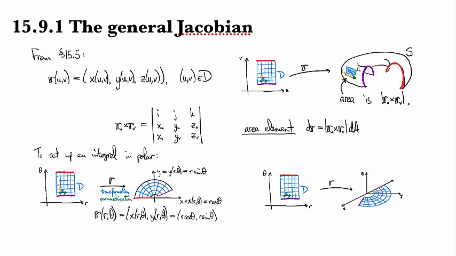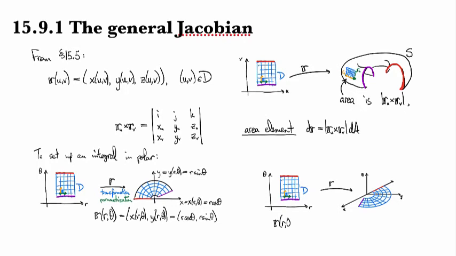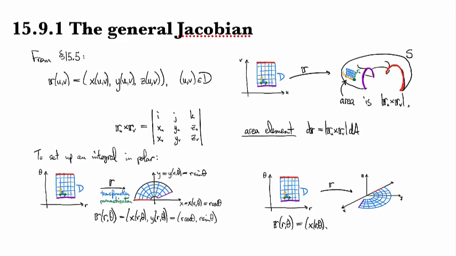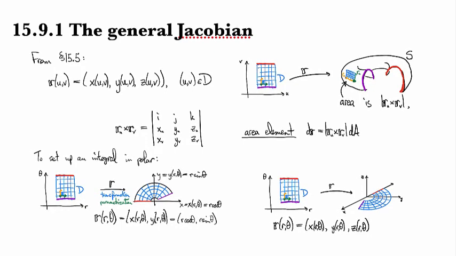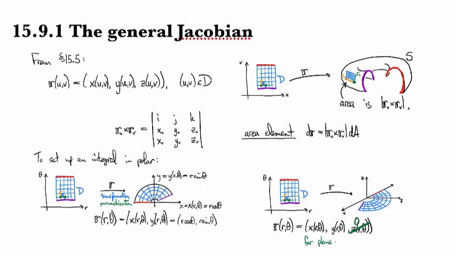So if we look at the coordinates, our bold r of r theta looks like x of r theta, y of r theta, z of r theta, but actually this part here is going to be 0 when we're setting up a plane region.